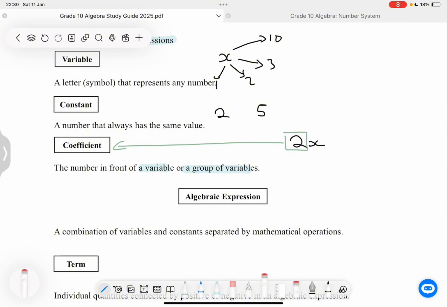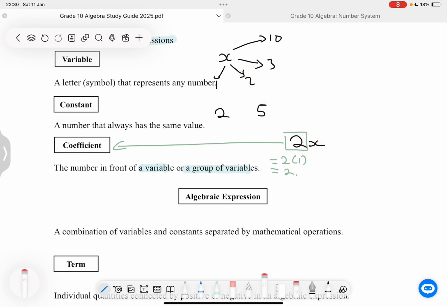It is important not to confuse a coefficient with a constant, because a coefficient is not a constant. What I mean is that if we know the value of x, let's say x is 1, that means here we are going to have 2 times a 1, and this will give us a 2. But because the x changes, it varies, it's a variable.